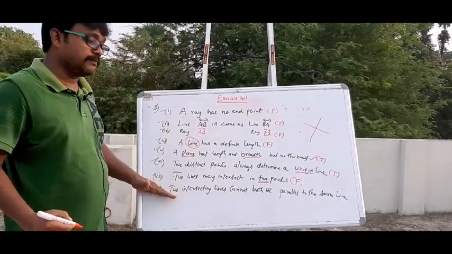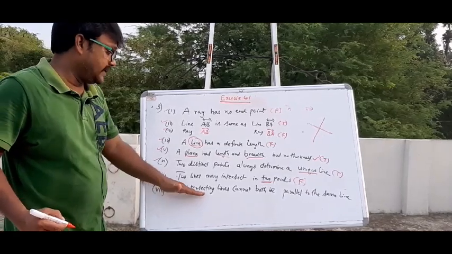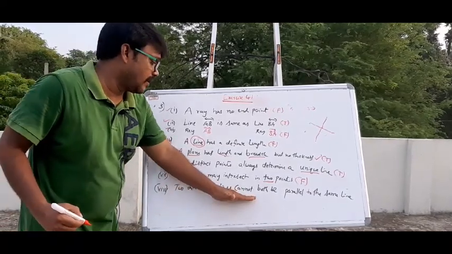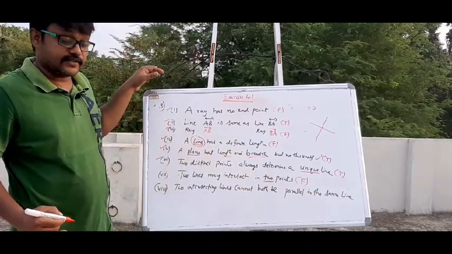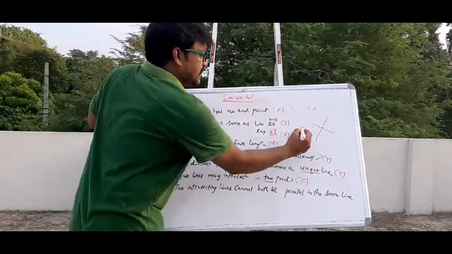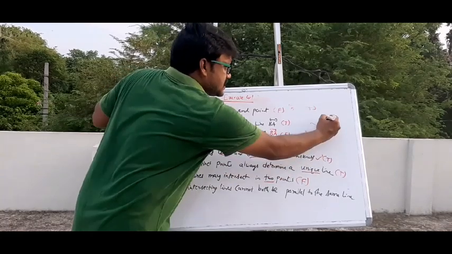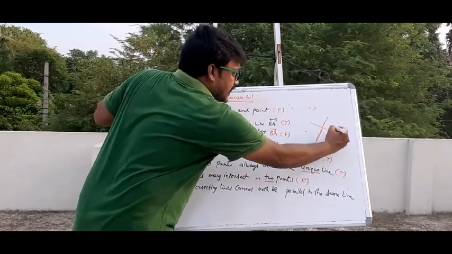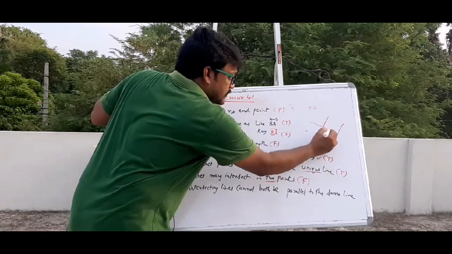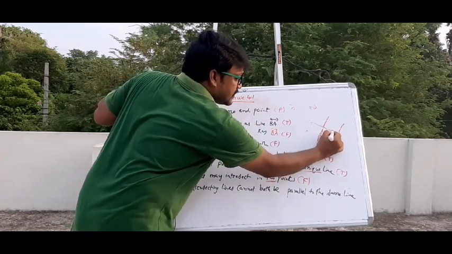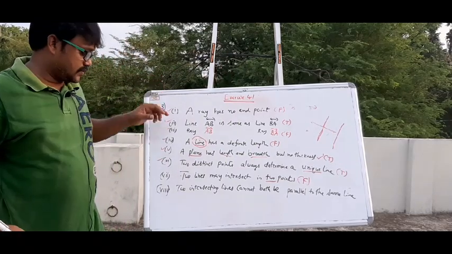And let me quickly jump to the last one. Two intersecting lines cannot both be parallel to the same line. In fact, it is true. Here are the two lines. Suppose this particular line is parallel to another line like this. Then this other line cannot be parallel to that same line. That is what it is telling.